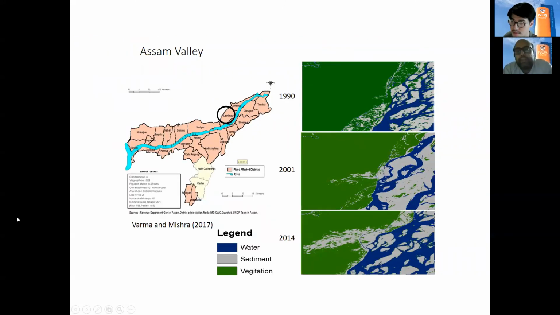So here is a brief description through imagery about the problem situation. So the problem in the villages of a particular district within the Assam state has shifted to one of landlessness from flood.